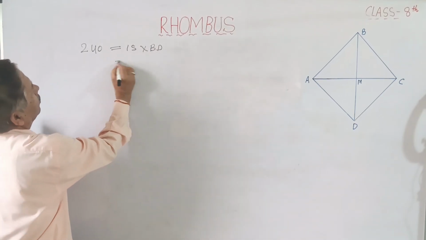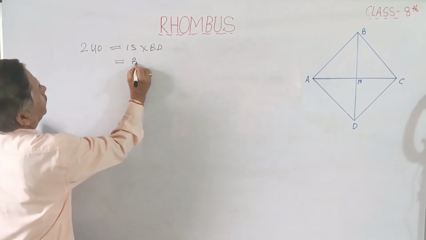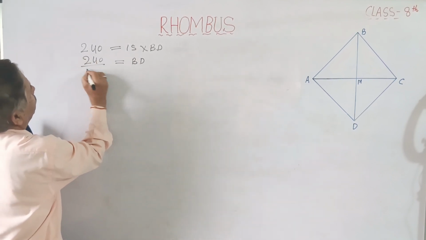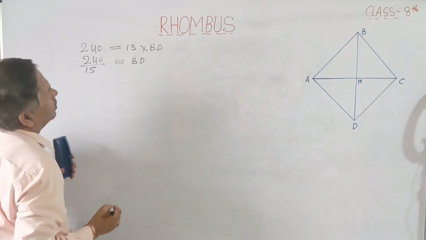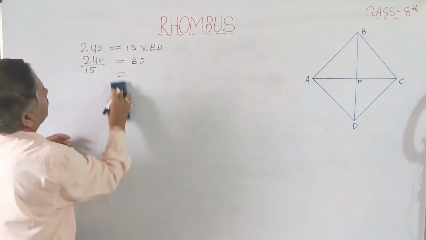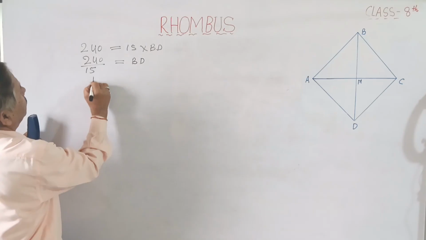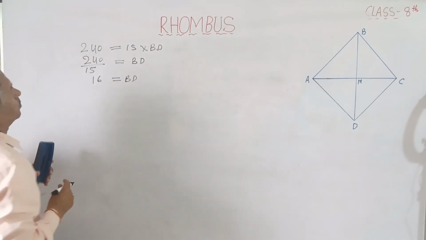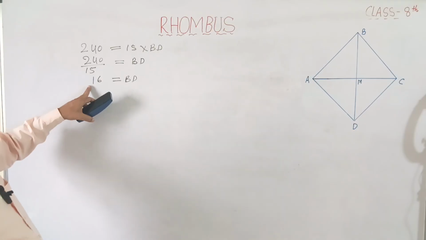Therefore, BD equals 240 upon 15, or 16 equals BD.